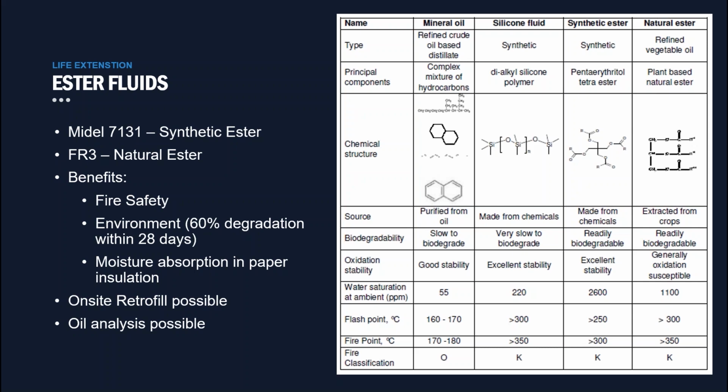And they also have very different moisture carrying capabilities than most mineral oils do. So this means they draw water from the paper insulation, effectively drying out the paper. And degradation of the paper by water is one of the ways the life of a transformer can be reduced.